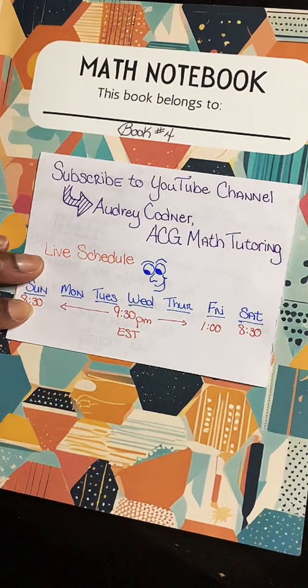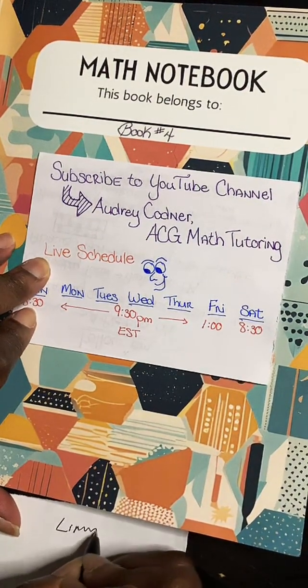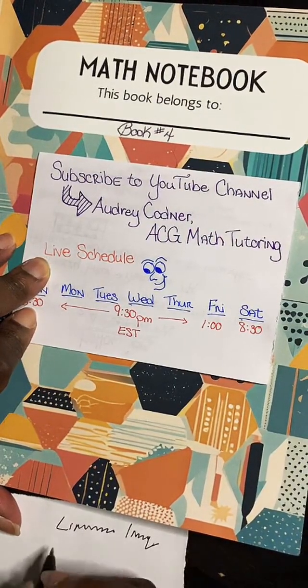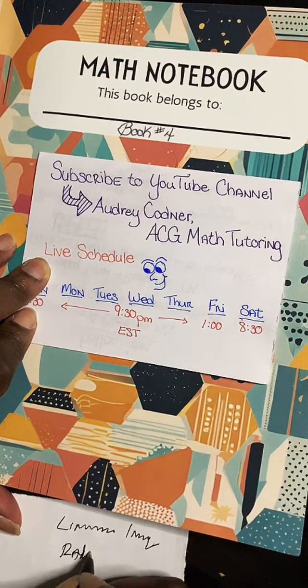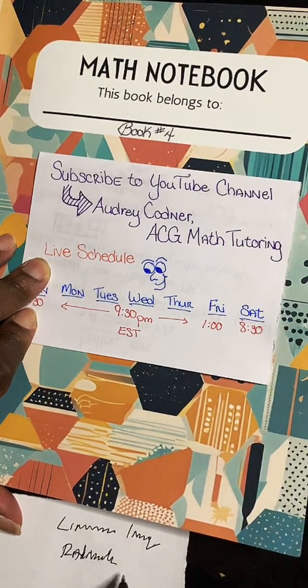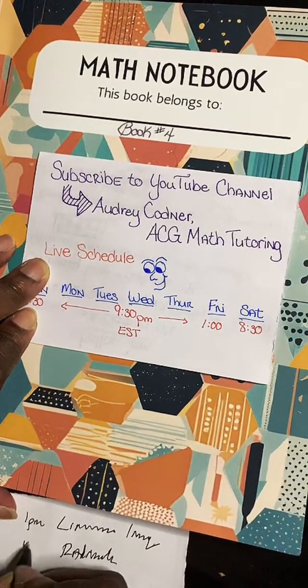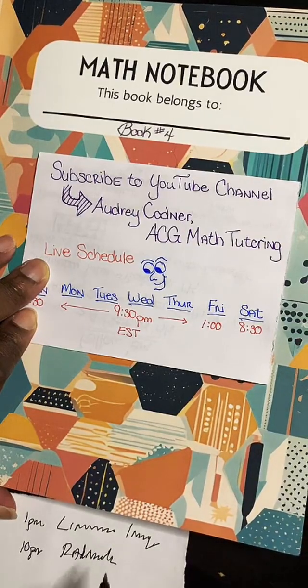All right, so what I'll do is I'll do inequalities in the morning, and then I will do simplifying radicals in the evening. That seems like a fair compromise. So at 1 p.m., we're going to do linear inequalities.